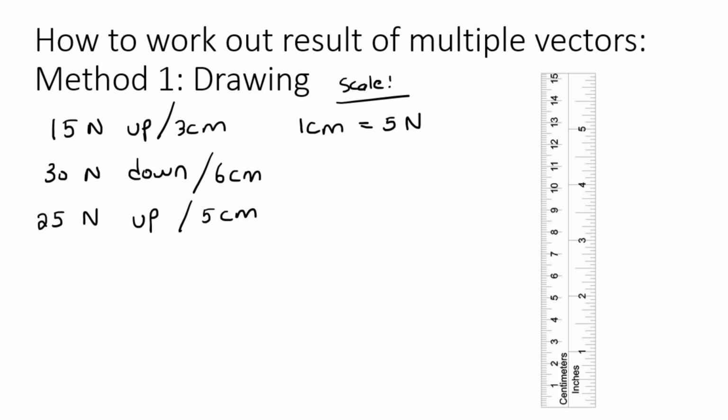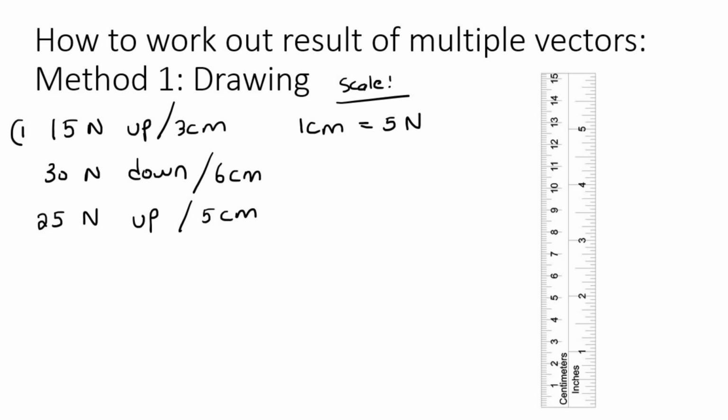You can choose a different scale if you want to. Just choose something that uses most of your ruler. Don't use something that only uses this little piece down here, and don't use a scale that goes too far off your ruler. The best is that you use most of the ruler, because then your diagram will be nice and big, but not too big that it can't fit on the ruler, if that makes sense.